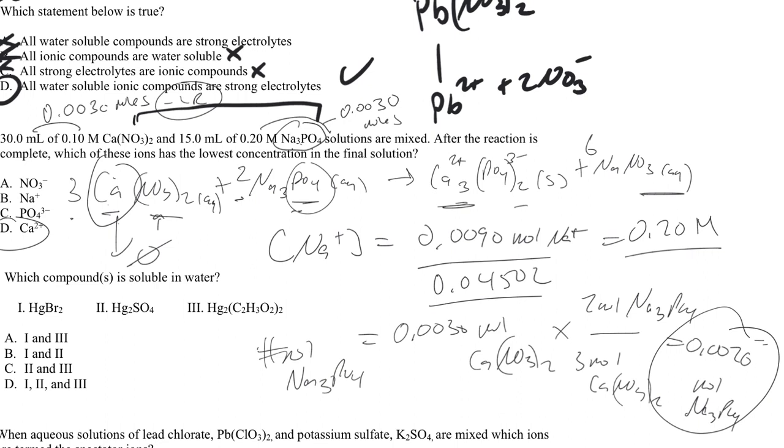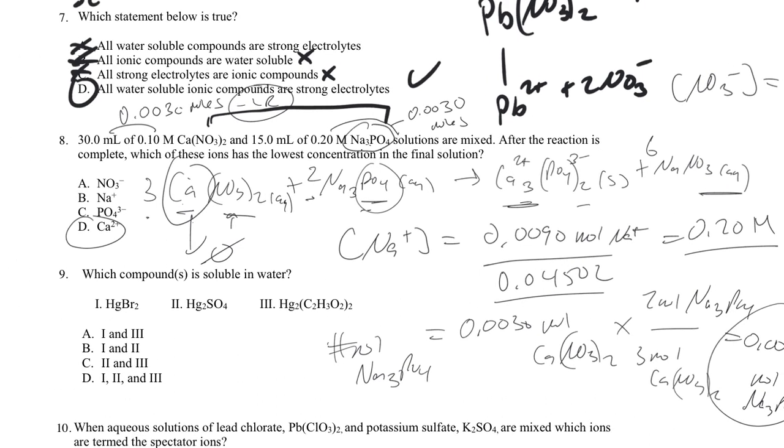We could calculate the nitrate ion concentration if we wanted to. We could calculate the nitrate ion, which also isn't changing. So the nitrate ion would be 0.006 moles. Do you guys see how I'm getting that? Because we have 0.003 moles of calcium nitrate. There's 2 nitrates per mole of CaNO32.